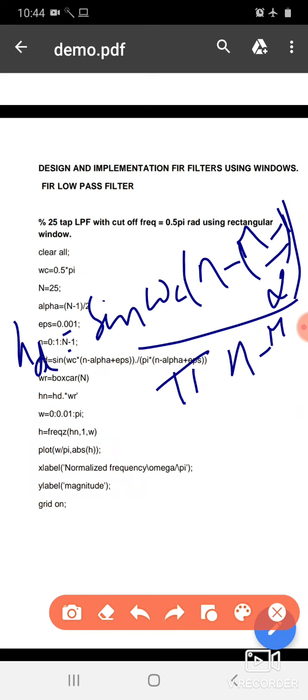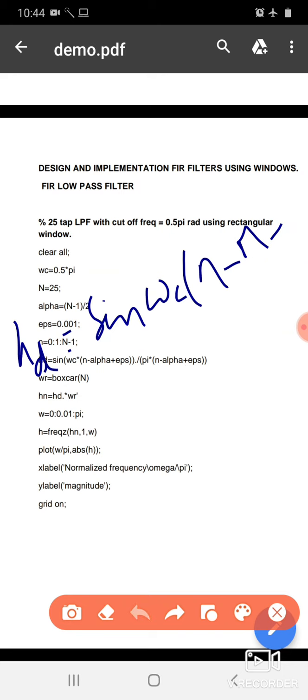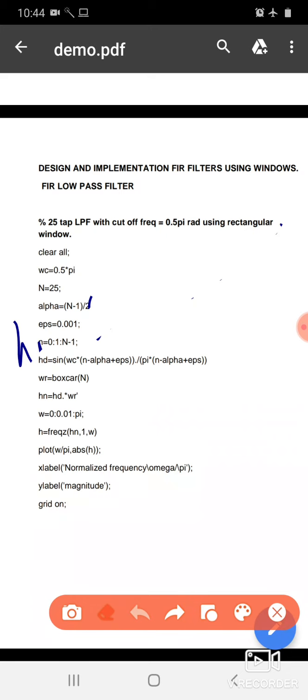Here I will show. Omega c multiplying with n minus alpha, that is n minus 1 by 2, plus the increment EPS, divided by pi into n minus alpha plus EPS. This is what you will be getting.